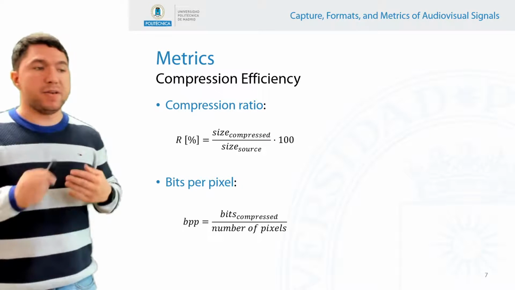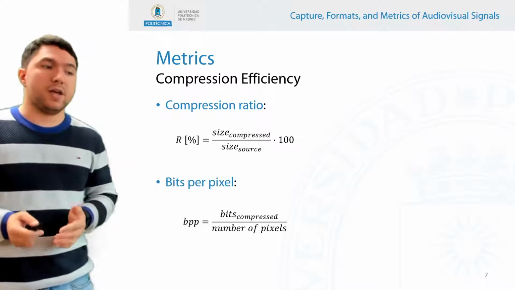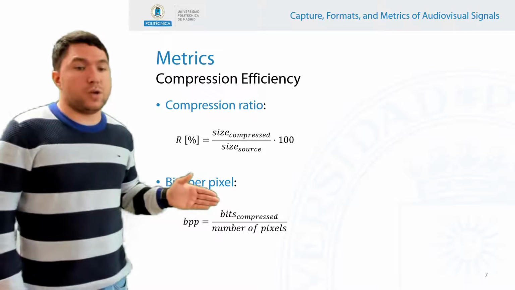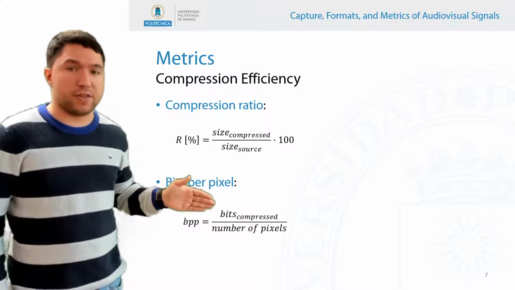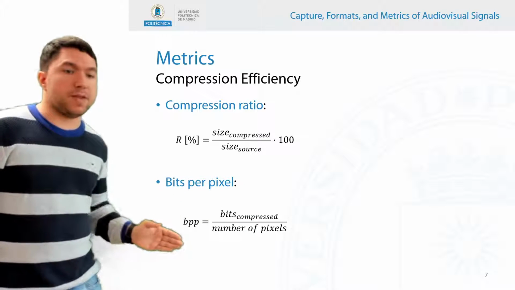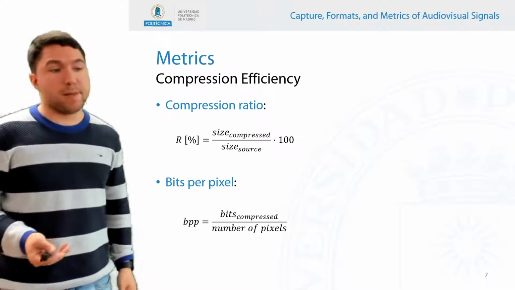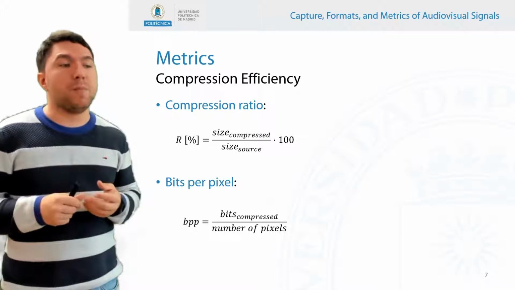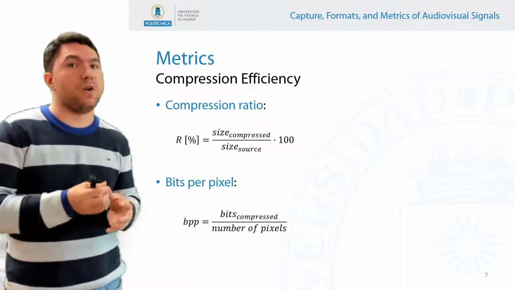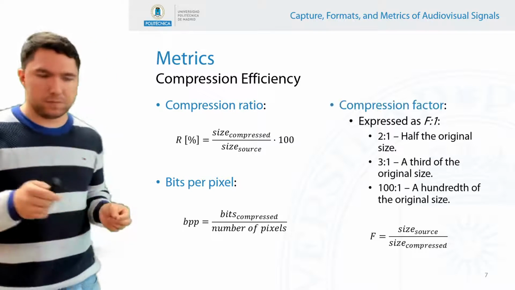Then we also have the bits per pixel. It's how many bits we have in the compressed sequence divided by the original number of pixels. So this will return how many bits I need for every specific pixel.